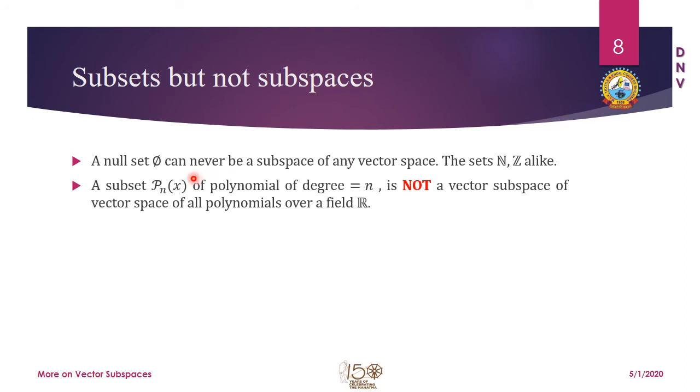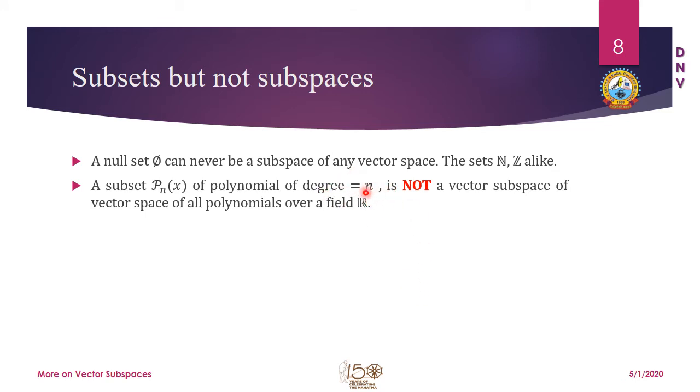Next, we take the subset Pn(x) of polynomials of degree equal to n. That is, the set will be called polynomials of degree n if it contains all the members for which the degree is x power n. It is not a vector space. For example, if I take a member of this set, Pn(x) equal to x cube plus 2x, and another member I take minus x cube, then x cube plus 2x plus minus x cube will give us only 2x.